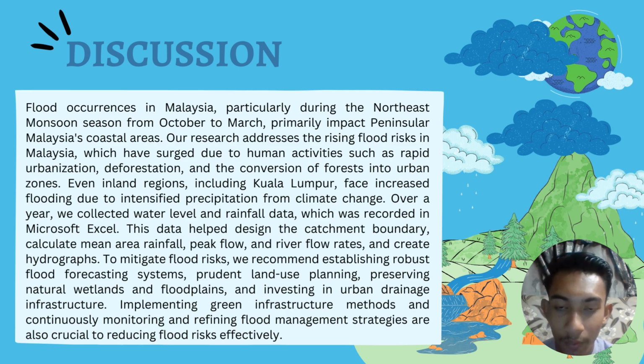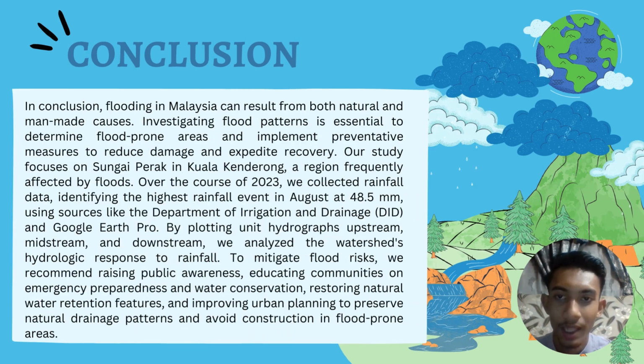reducing flood risk effectively. For the last part, which is the conclusion: flooding in Malaysia can result from both natural and man-made causes. Investigating flood patterns is essential to determine flood-prone areas and implement preventative measures to reduce damage and expedite recovery.